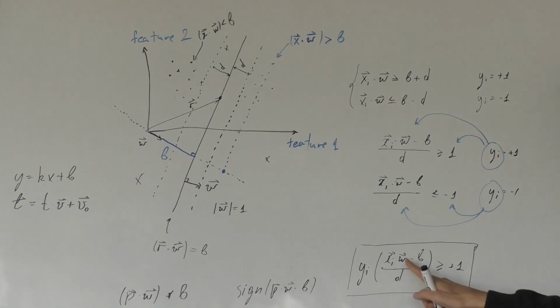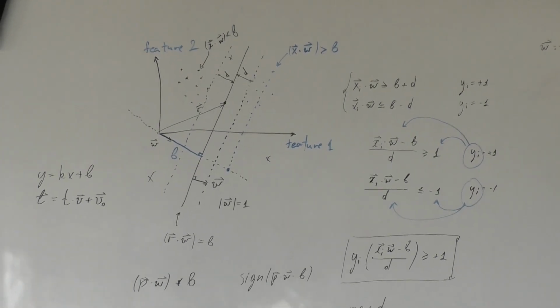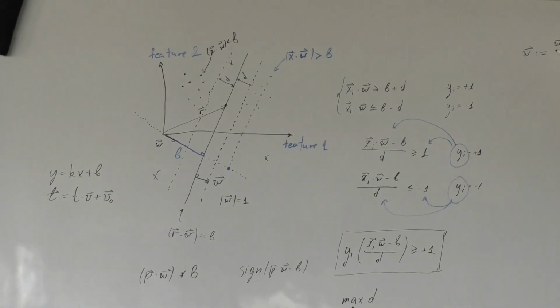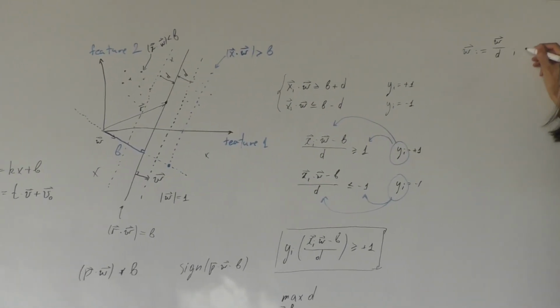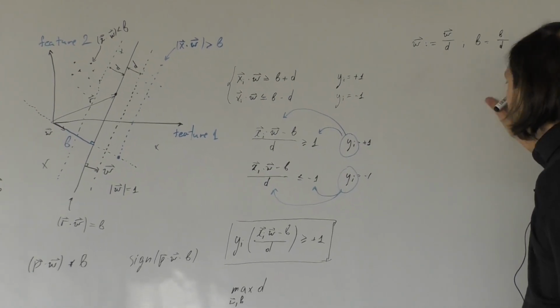So first of all, we are trying to get rid of the normalization of the w. We don't like it because that's some additional restriction. So I am just redefining my w as w divided by d, and I'm redefining my b as b divided by d.